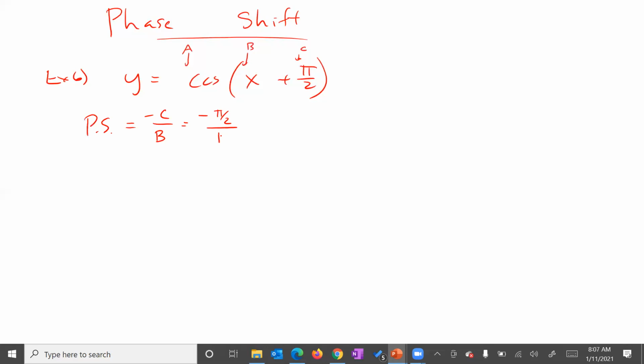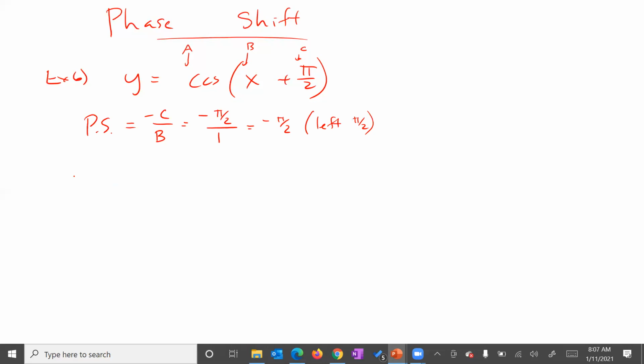Are we good there? And we get ourselves a negative pi over 2. So we have a phase shift of negative pi over 2. So we got ourselves left pi over 2. Are we good there? Cool, okay. So I think you guys can graph this one here.